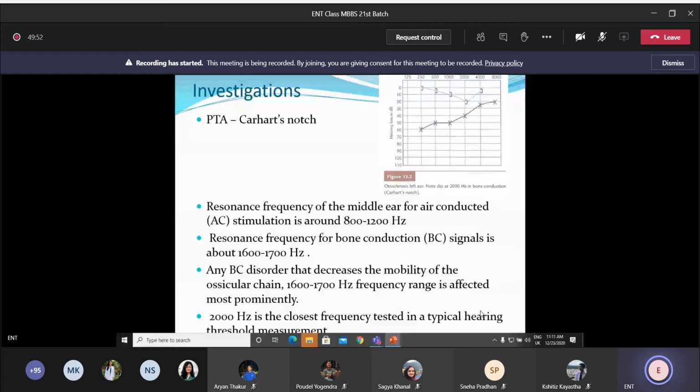So Carhart notch is important. Okay, one characteristic, even in your spotting, there might be a pure tone audiogram with this Carhart notch, and they can ask you to write down your diagnosis, and other questions related to it. So this is important.